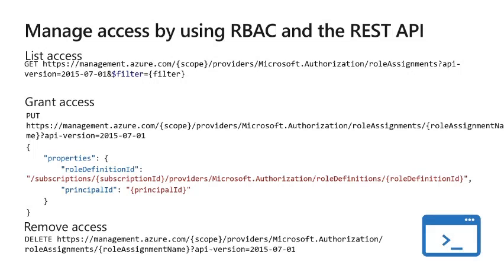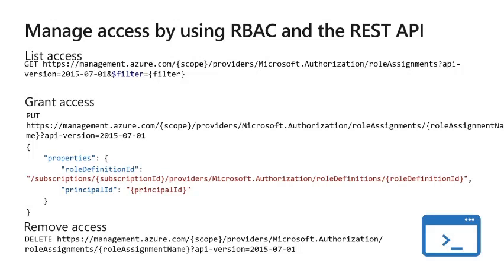Role-based access control is the way that you manage access to resources in Azure. In this slide, I'm providing you an overview of how you manage access for Azure users, groups, and applications by using RBAC and REST API. So here you see list access. In RBAC, to list access, you list the role assignments.